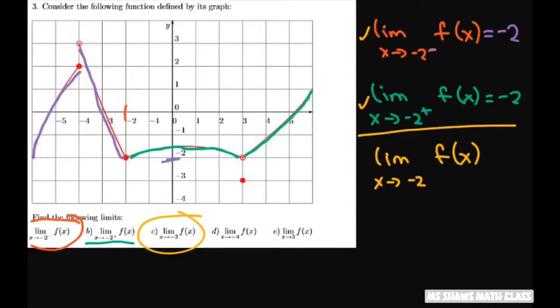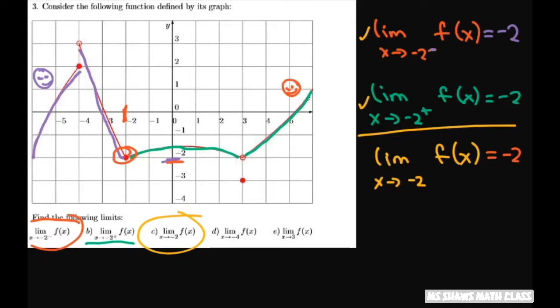So if you have a friend, this is you, and this is your friend, and you're trying to meet up at this -2 here, when you meet up, you end up at -2. So that means it equals -2.